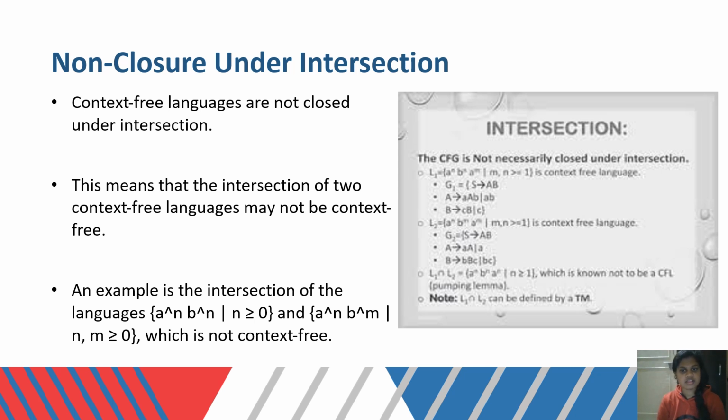If we take this example, as you can see in the image, L1 and L2 cannot be intersected within the CFL. So this gives us the information that it's not closed under intersection.